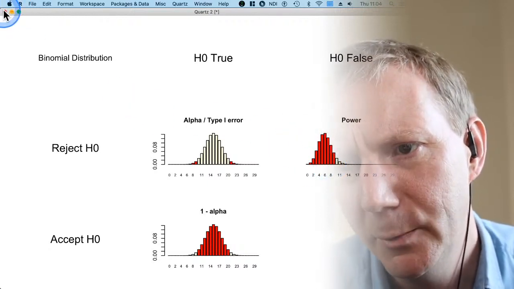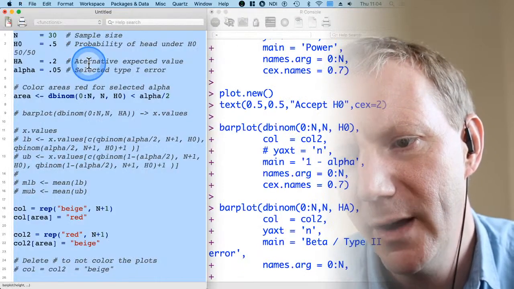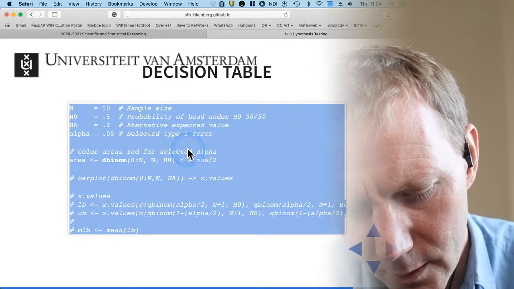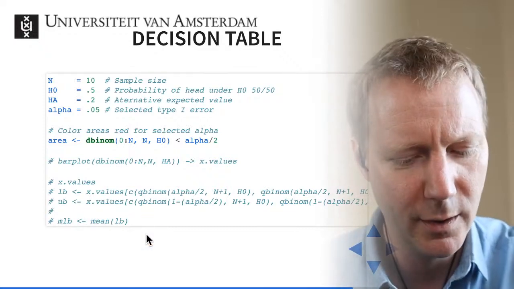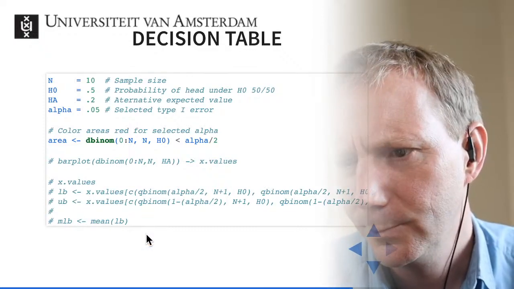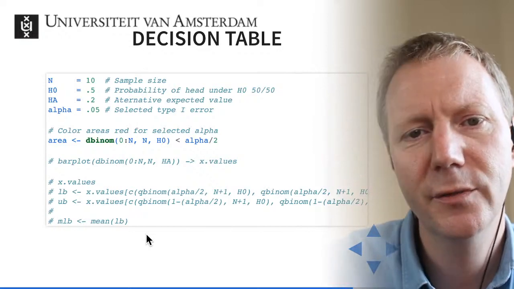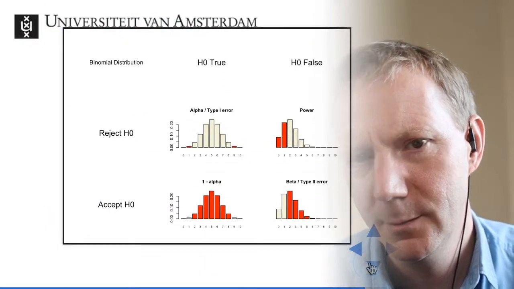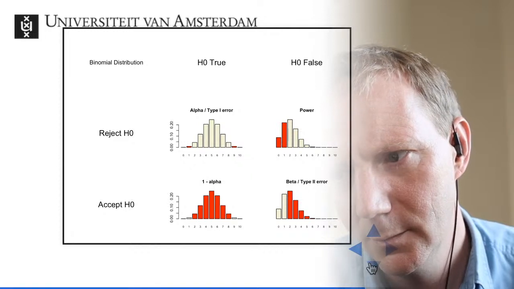You have to go and play with this. Just fill in some different numbers, fill in some different values, not just for the sample size, but also try to do it for different values of the alternative distribution. Okay. Does it matter if your alternative distribution is one-sided or two-sided?